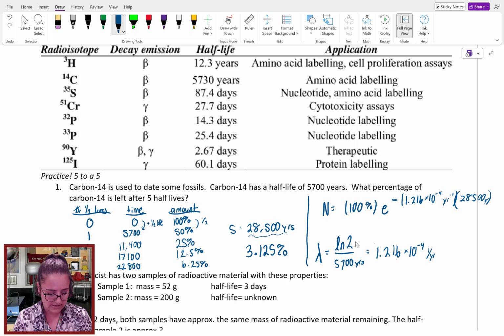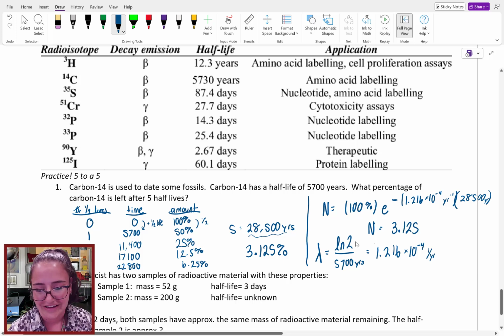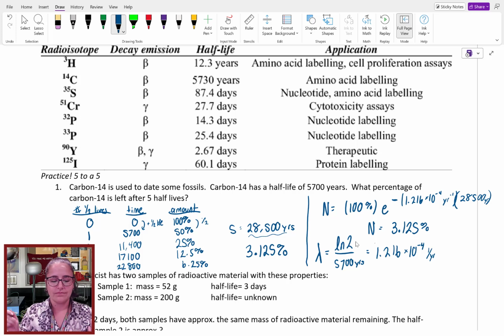We take e to the negative of that number and multiply it by 100. And we get an N of, what do you know, 3.125, which is the same answer we got using the other method. So both of them work.